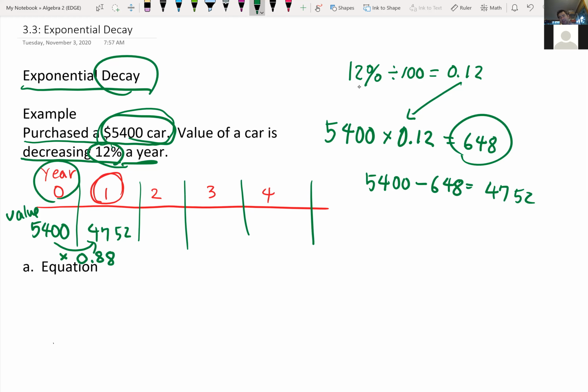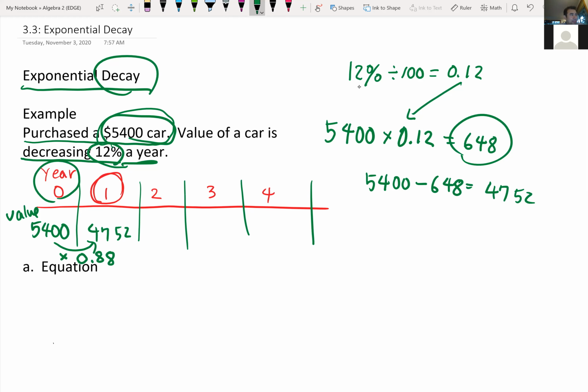Now, if you have forgotten about exponential decay, where did 0.88 come from? Or what does 0.88 represent in percentage? That's 88%, isn't it?